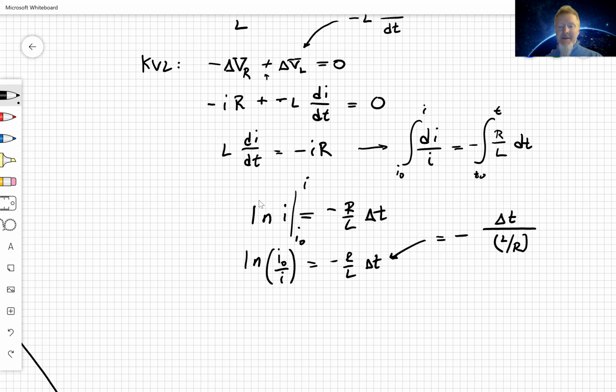That's ridiculous. Yes, but that means that the units of L over R are time. Okay, so that's kind of how henries and ohms are related, right? A henry must be like an ohm second.